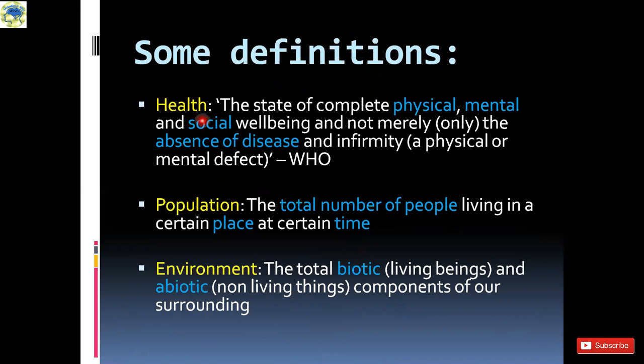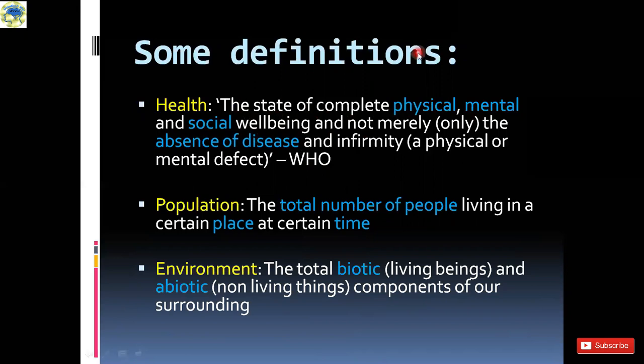So health, as we have already discussed, I showed you the three slides: physical well-being, mental well-being and social well-being. So here WHO, World Health Organization, defines health as the state of complete physical, mental and social well-being. Means physical well-being we have discussed, not having any physical disabilities, not having disease.